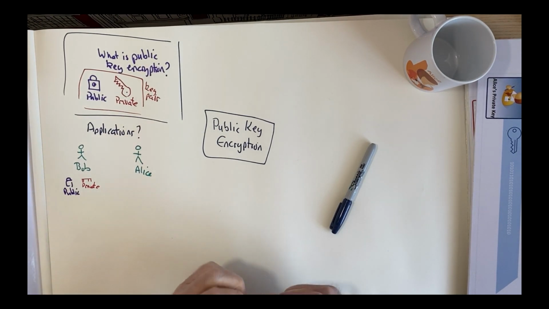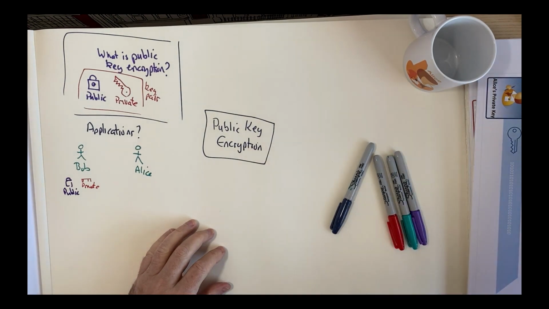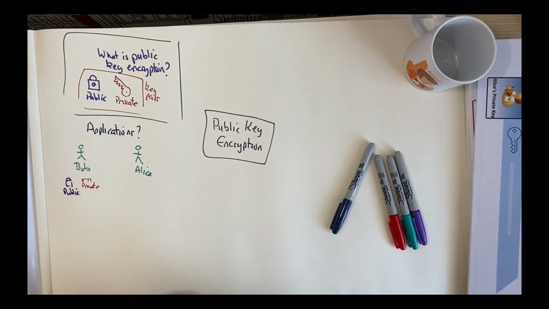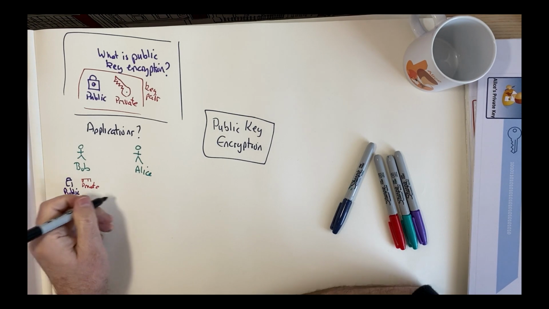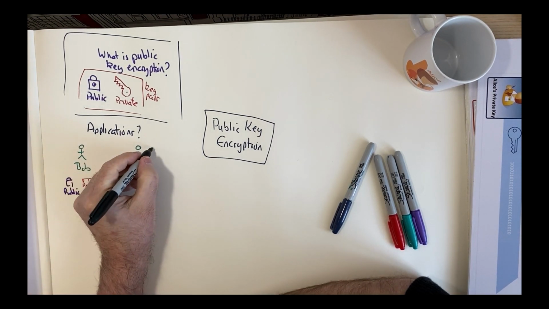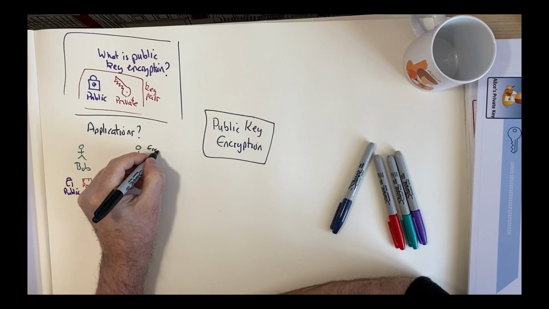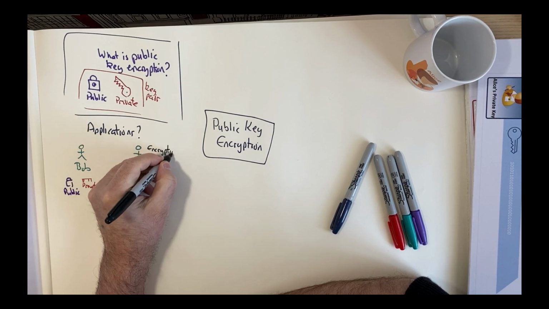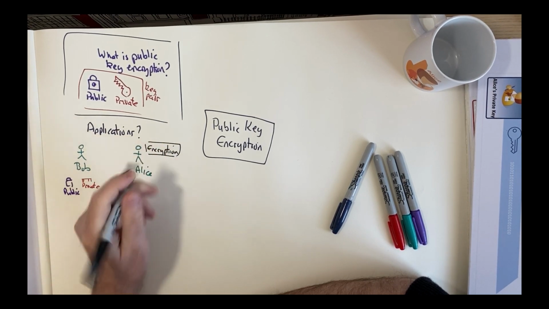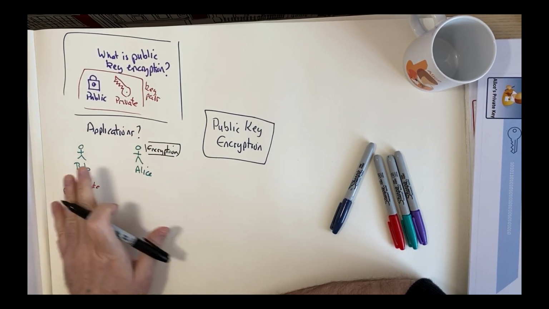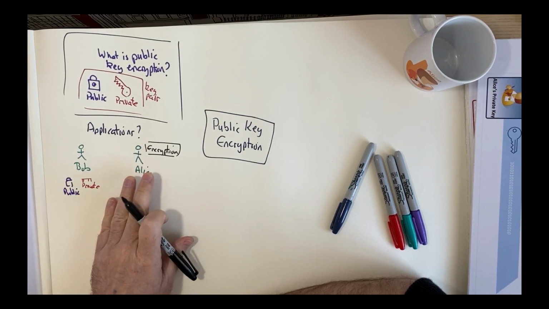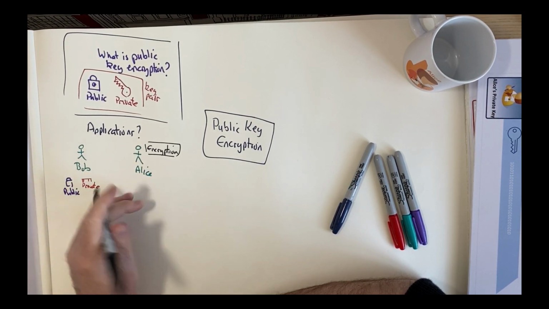Okay, so now in the purest way, Alice wants to send Bob some encrypted data. So this is encryption, just in the same way that we use symmetric encryption. We'll use public key to be able to encrypt something for Bob.